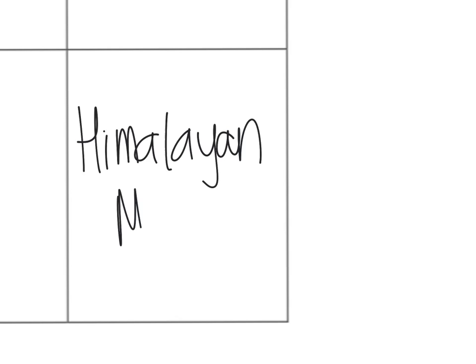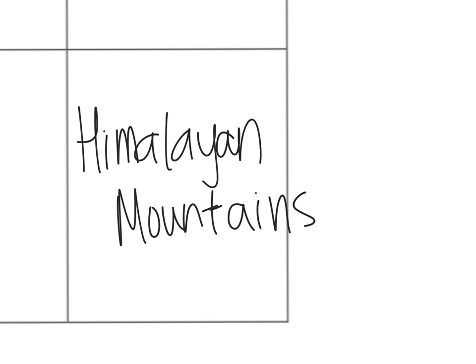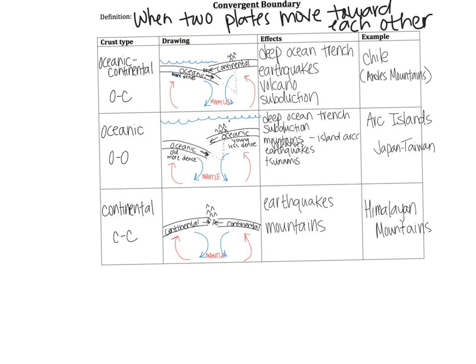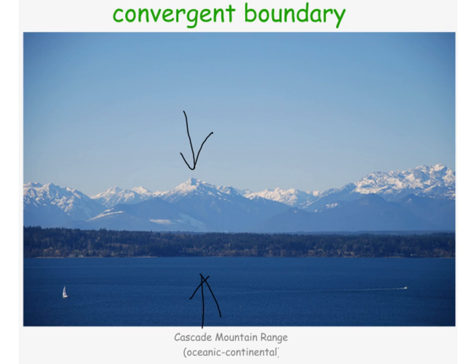That is the tallest mountain in the world. Here is the Cascade Mountain Range in the northwest in Washington. This happened because the continents and the ocean were coming together.